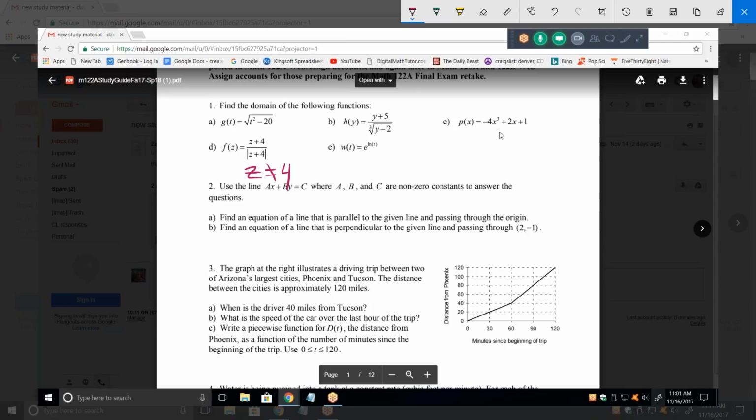Number E. Oops, excuse me, I left out the negative sign. Yeah, z cannot be equal to -4. Any other number is fine. Ooh, hold on a second. Not sure that's true.